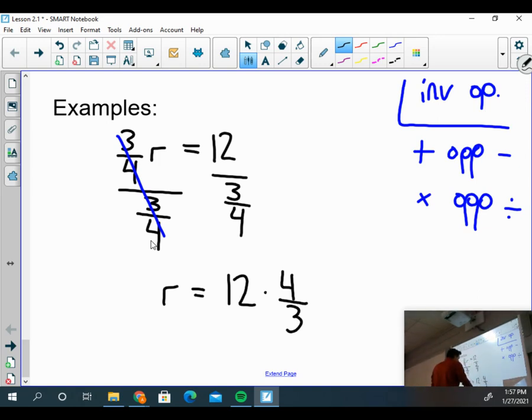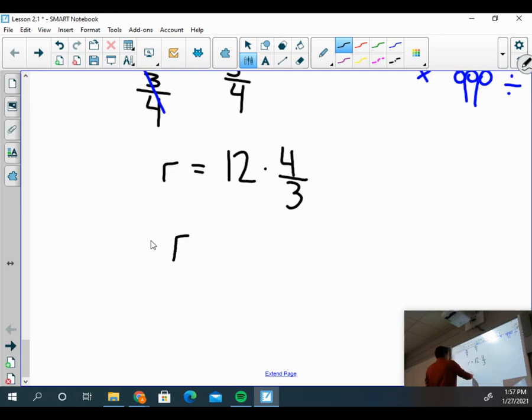Well, when we do that, we again saw earlier with fractions being multiplied by whole numbers, we write the whole number as a fraction over 1. We have two fractions being multiplied. 12 times 4 is 48. Multiply the numerators, multiply the denominators, and I do 48 divided by 3, and I get 16.